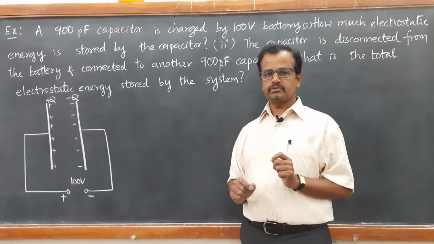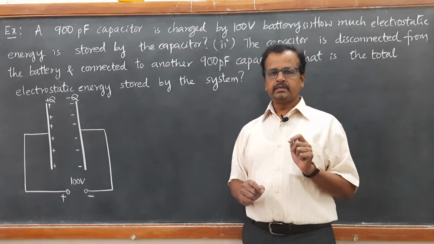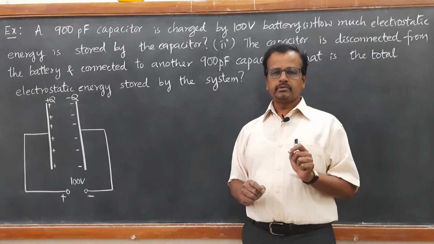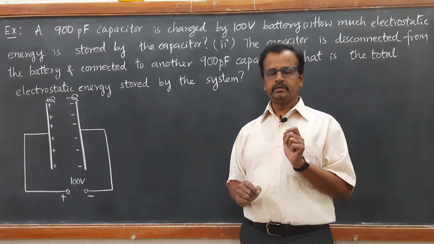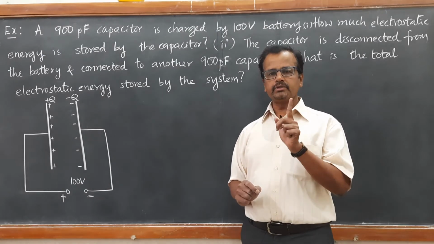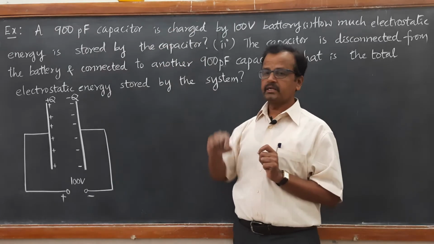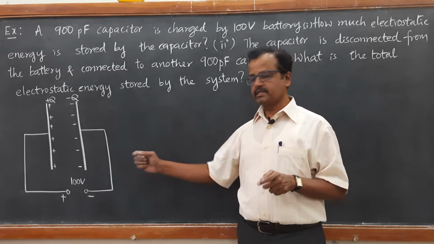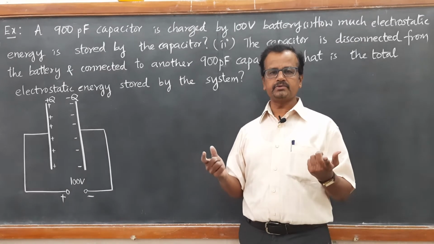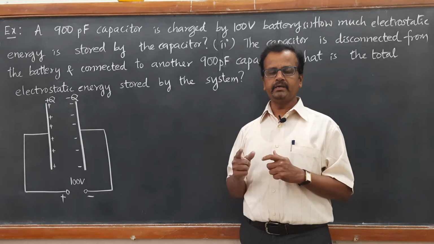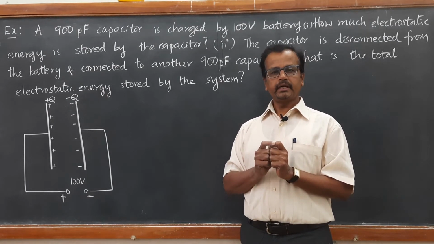The energy stored in the capacitor, U, is equal to half QV, or U is equal to half CV square. Capacitance is given as 900 picofarad, and voltage is V equal to 100 volts. If we substitute the values of C and V in half CV square, we get the electrostatic potential energy U.